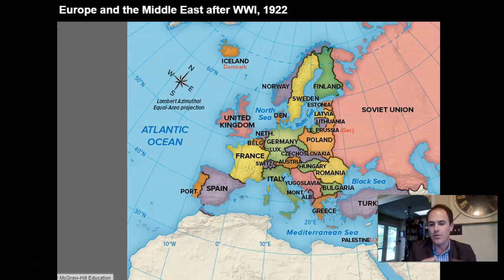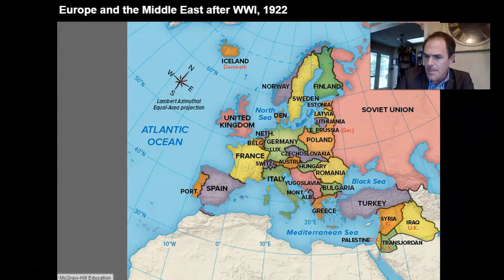So Austria-Hungary broke apart into many different smaller states. You see there Poland, Czechoslovakia, Austria, Hungary, Romania, Yugoslavia. The Ottoman Empire broke apart into Turkey, as well as Syria, Iraq, Transjordan, and Palestine, which were administered as mandates, basically land controlled by either France or the United Kingdom.